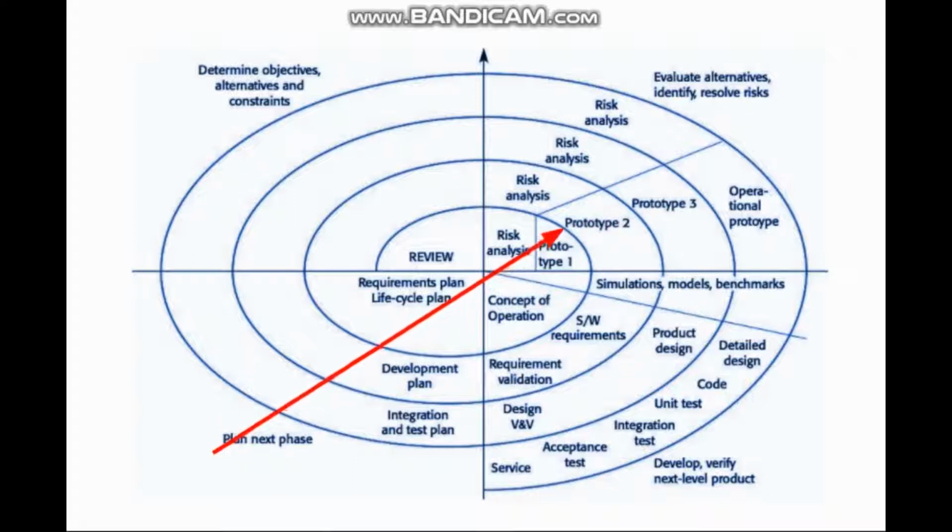You can see that during each phase the risk decreases and our performance increases. During each phase there is a reduction in the risk and a growth in the software development product. The software development process improves.